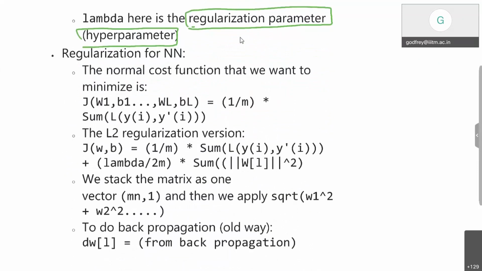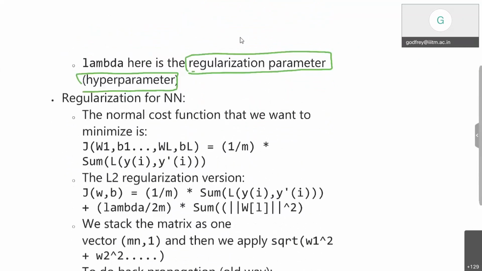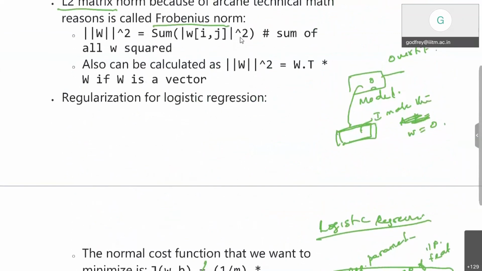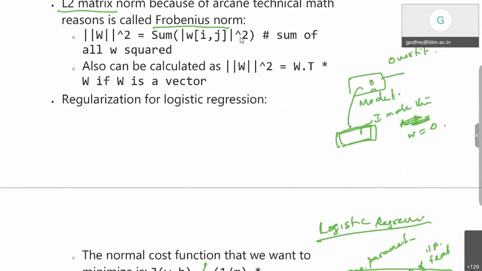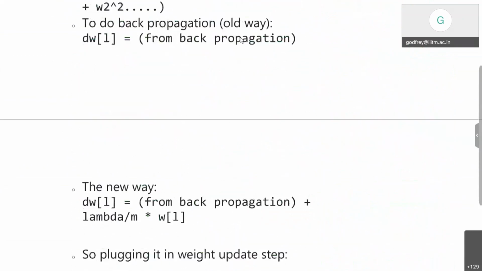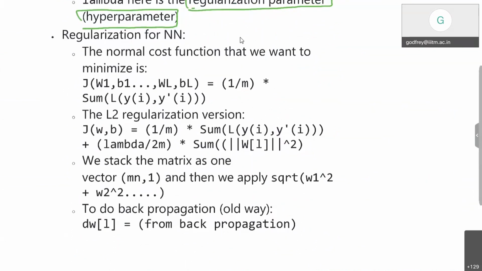So now, if you look at the regularization for a neural network, then we see a similar kind of function with respect to the cost function.